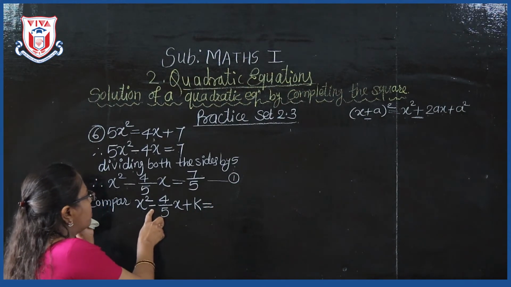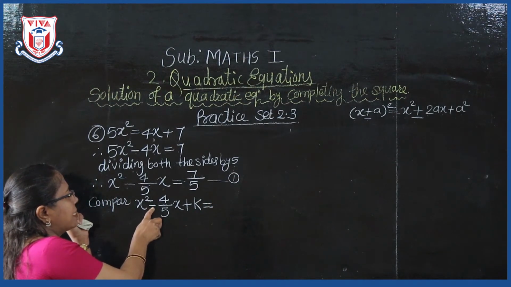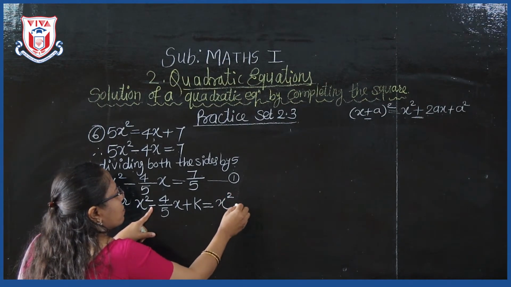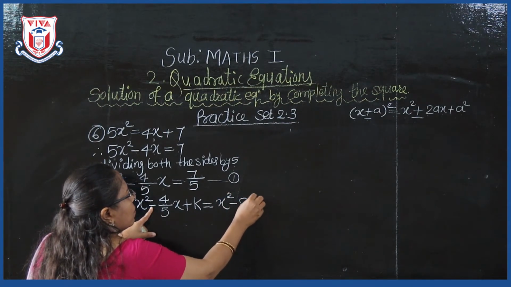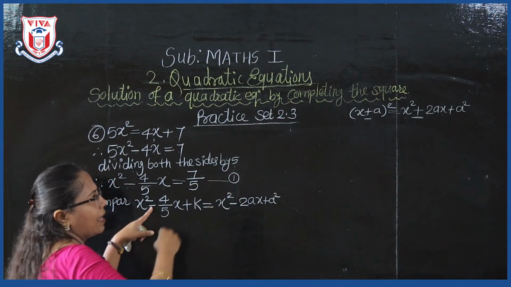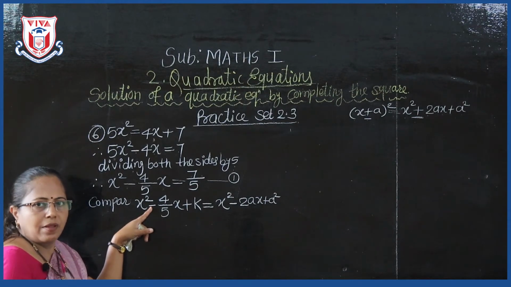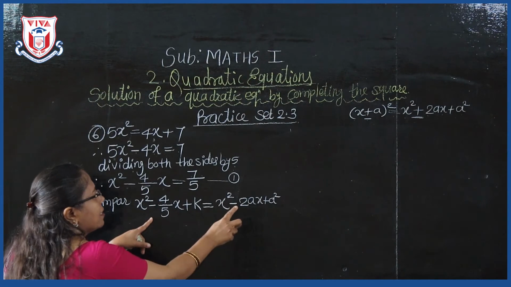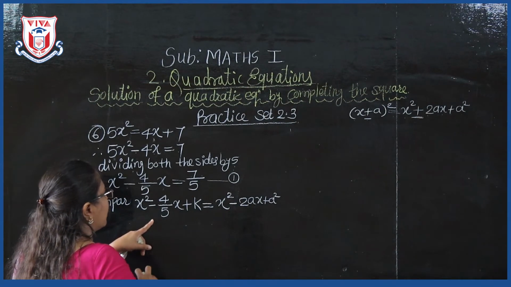Now here the middle term is having a minus sign. So we have to compare the expansion with x square minus 2ax plus a square. Followed? So be careful, when a minus sign is there here, here also we have to take a minus sign.